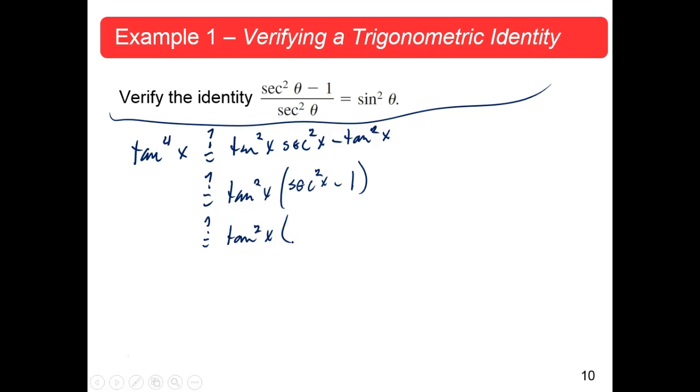Where would you go to check? Secant squared x minus 1. 1 plus tangent squared x, is that what you said? 1 plus tangent squared x is equal to what?